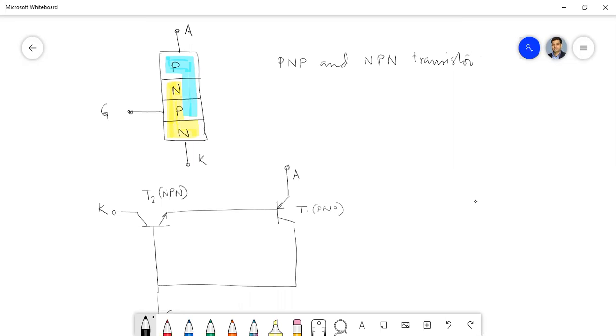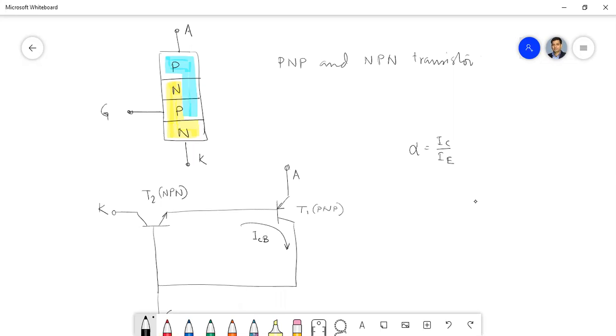Now for the PNP transistor, what is alpha? Alpha is basically IC by IE. But there is another current we generally neglect, but here we should consider, that is ICB0, the minority carrier current.